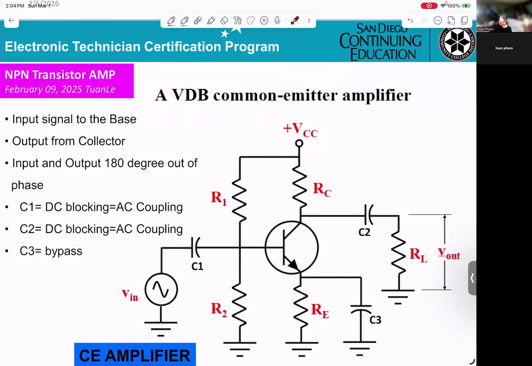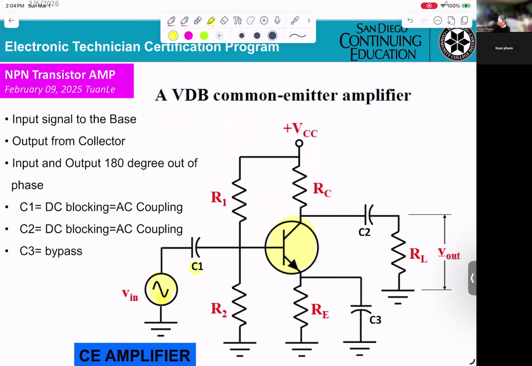When you look at this circuitry, you can see this is an input signal applied to the NPN transistor, and the output signal goes here.